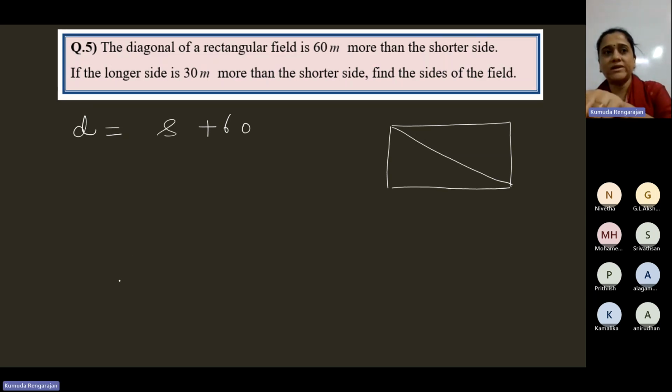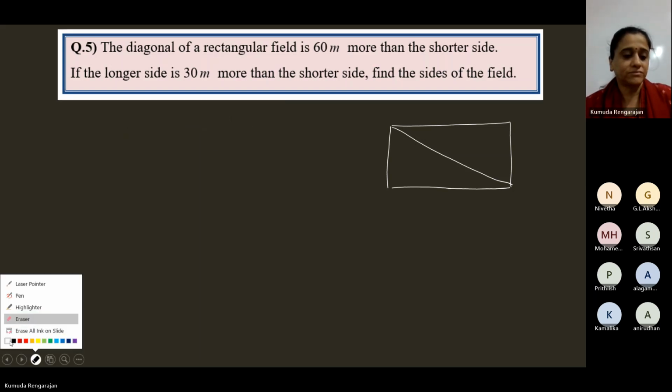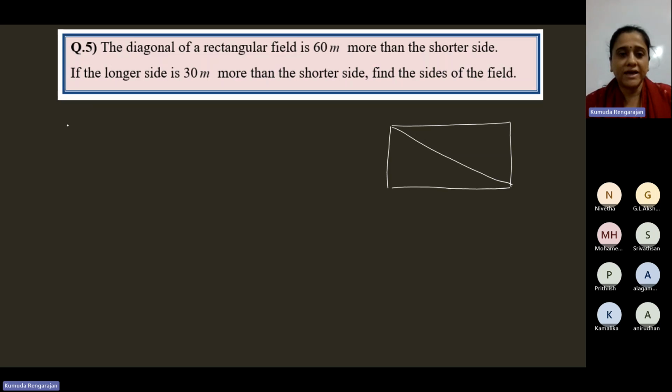So what we have read there, we're just writing it as a simple equation.